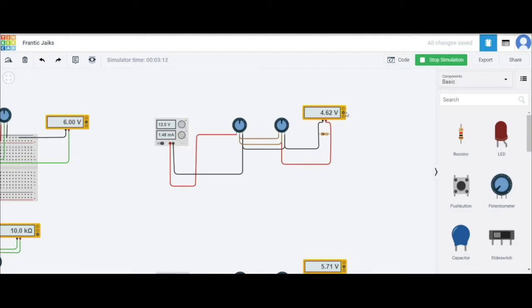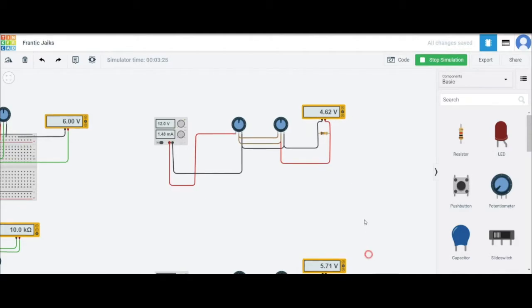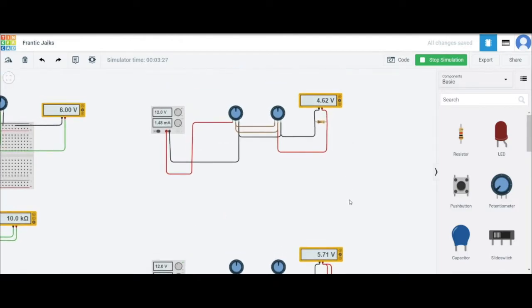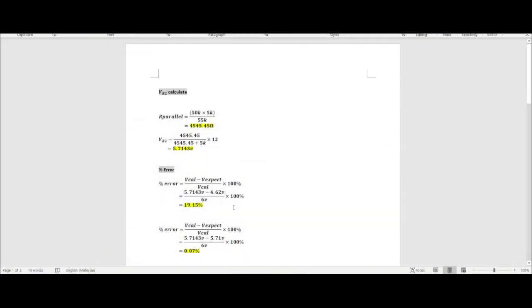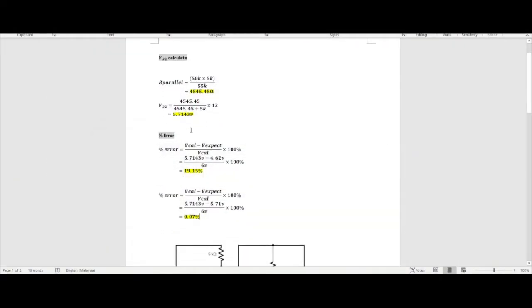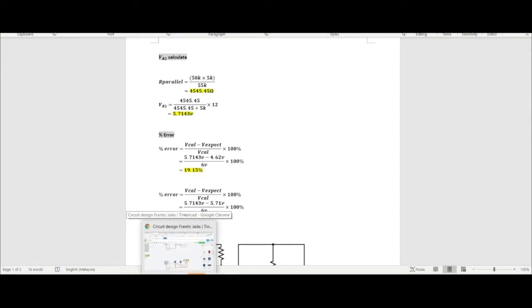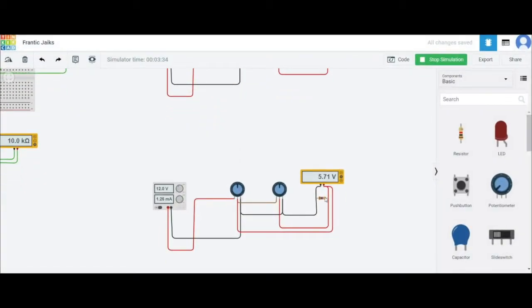Compared with the first one having the 10 kilo ohm internal resistance, the reading has a huge difference compared with this one. So the percentage error of the 10 kilo ohm internal resistor is higher compared to the meter having the larger internal resistor, which is 100 mega ohm.